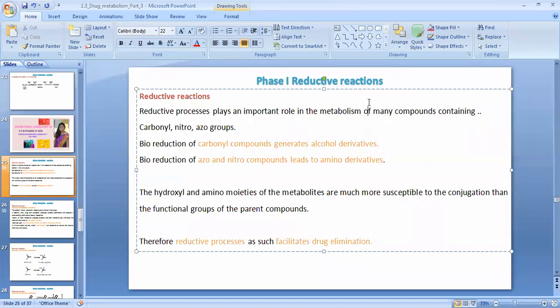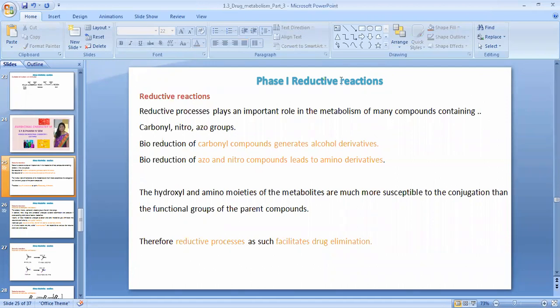Oxidative conversion of aromatic rings, of amines, whether primary, secondary, tertiary or quaternary amine, of carbonyl compounds, and of amide compounds. We have seen how, if the drug molecule has these types of rings or structures, they are going to metabolize in our body.